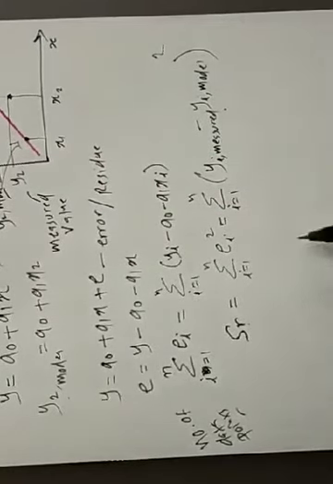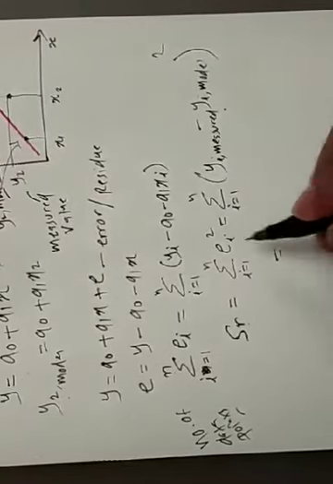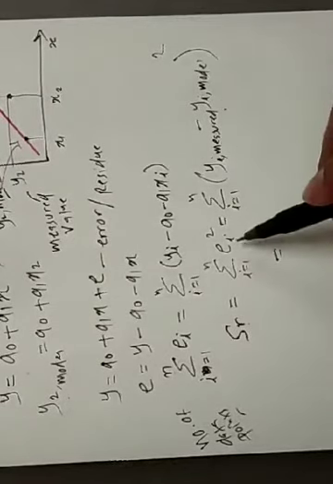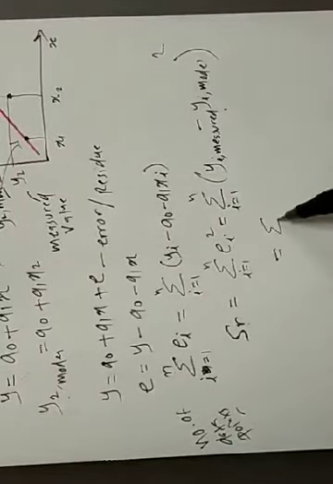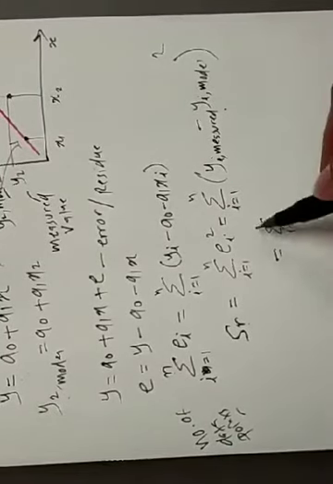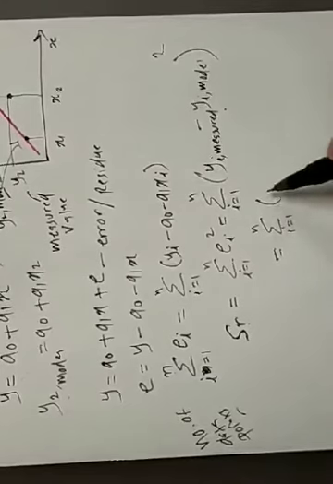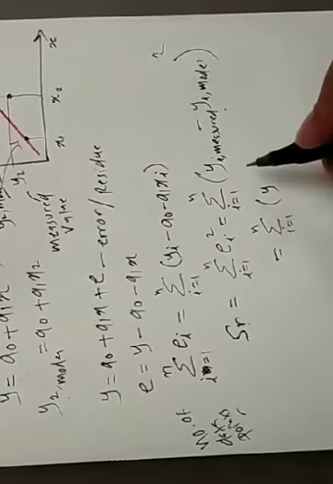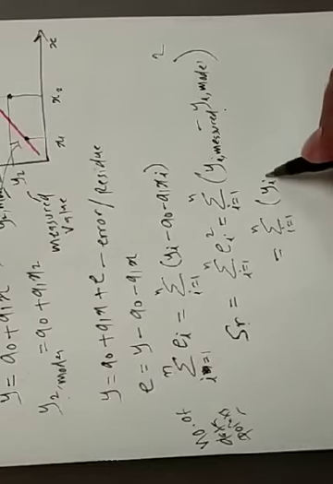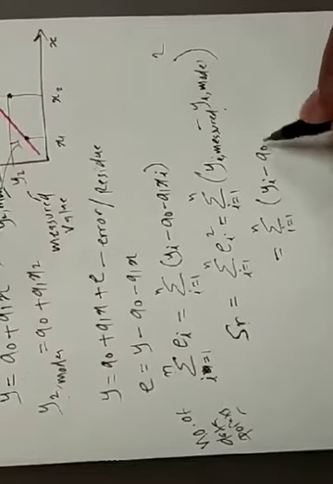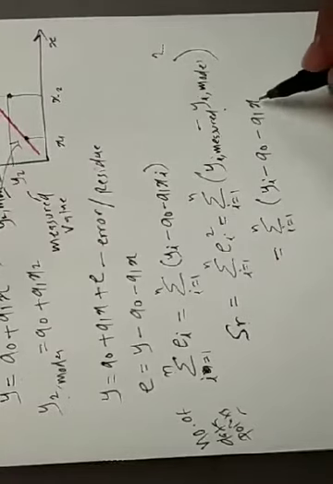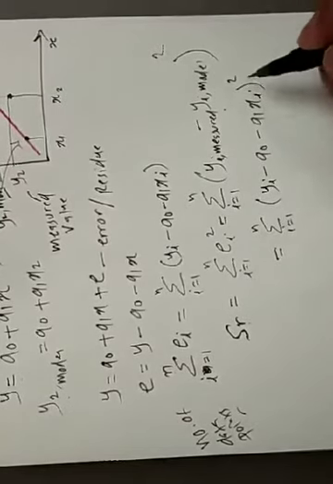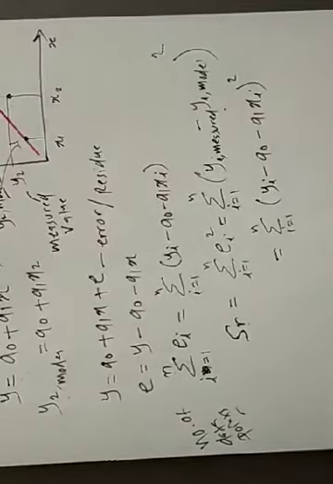And it is equal to, now this difference e is nothing but this equation, the summation of i equal to 1 to n of (yi minus a0 minus a1 xi) whole square.